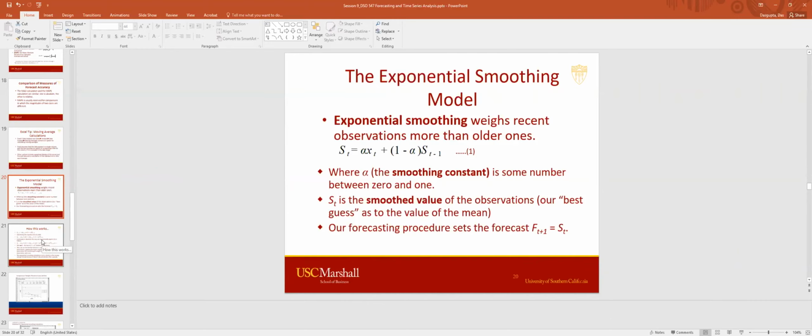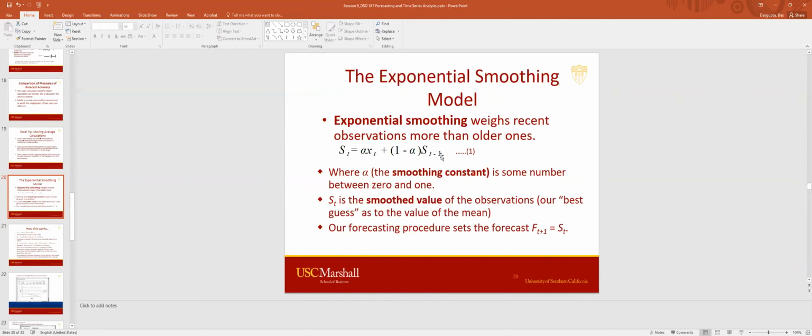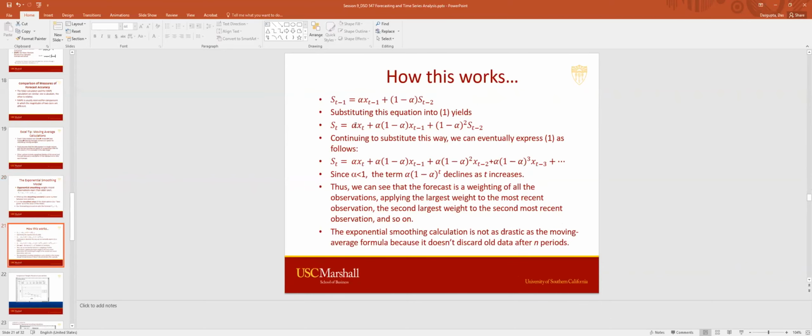How this works is that st minus 1 would be alpha xt minus 1 plus 1 minus alpha times st minus 2, going by the same logic. Substituting this equation into the previous one, so st minus 1, instead of this, you are going to use the new value st minus 1, which is alpha times xt minus 1 plus 1 minus alpha times st minus 2.